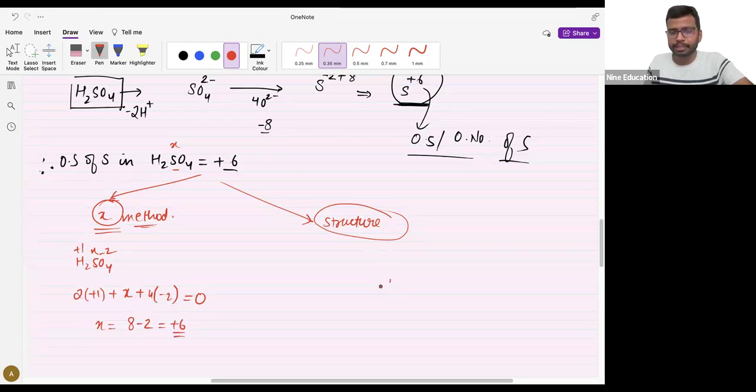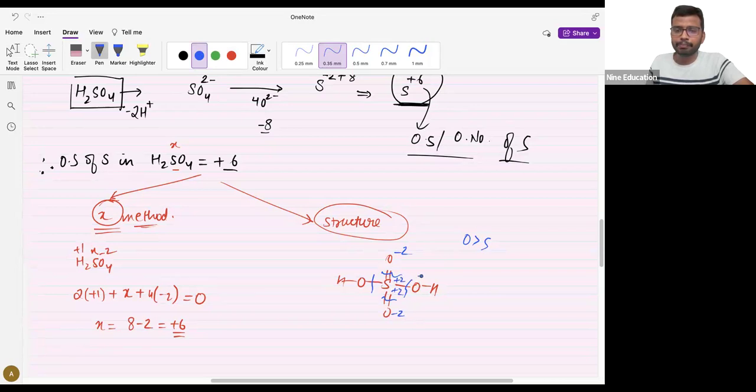Similarly, you can find it by structure also. If you make H2SO4 like this, as I told you yesterday, if you break this first bond, oxygen is more electronegative than sulfur, so oxygen will take -2 because 2 bonds are broken, covalent bonding, so sulfur will become +2. Here also +2, here also oxygen -2.